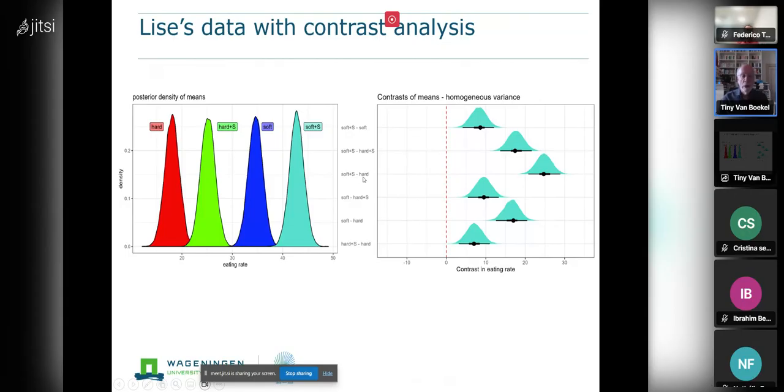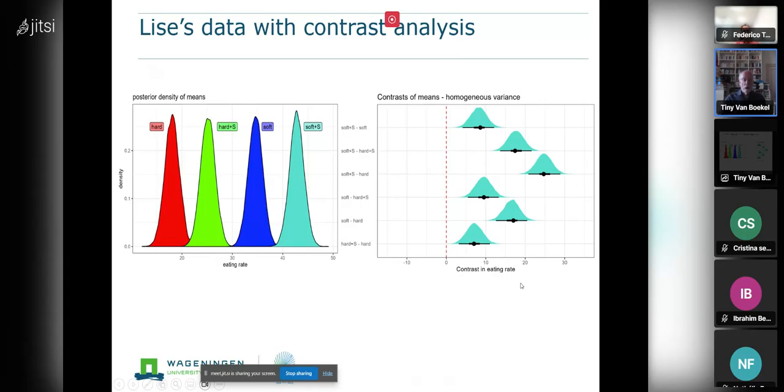Also not surprisingly, but that comes very nicely out of this analysis. But I think the big difference here in comparison to ANOVA is that you immediately see visually how big these effects are. And whether or not this is a very significant effect is something to be judged by the researcher.